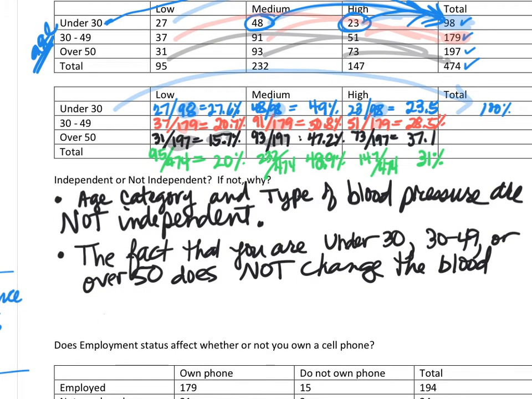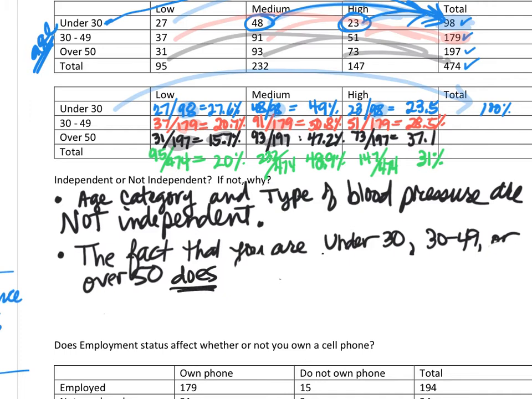So therefore, I've got to fix this up here. Let's try that again. All right. So it does change the blood pressure type. The fact that you are one thing does change the type of blood pressure.